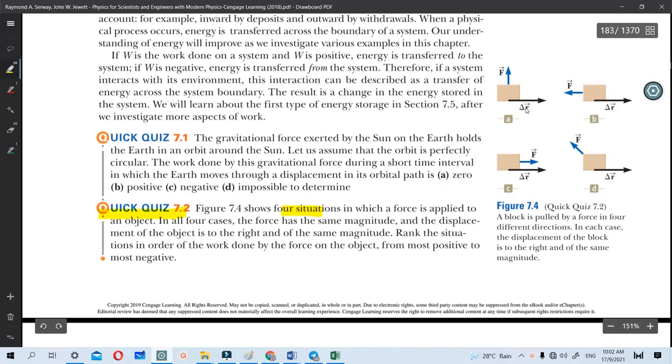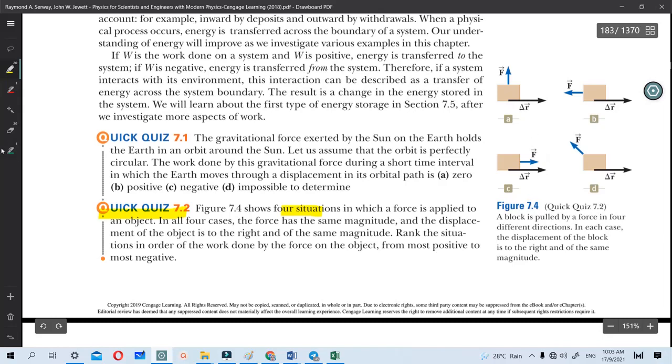So you are to rank the work from most positive to the most negative. So here we learn as well that work can be negative. And something to recall, work is negative for friction because energy is turned or lost from the object. Alright, now let's have a look.